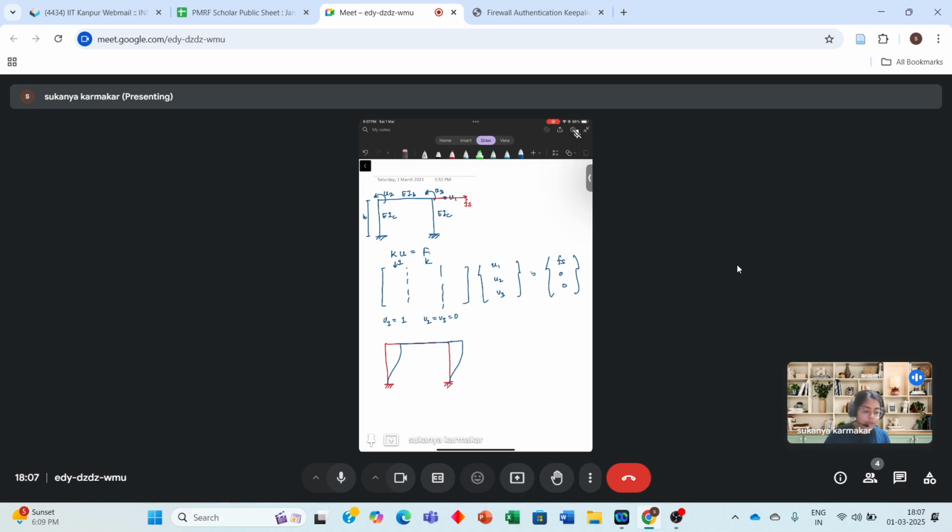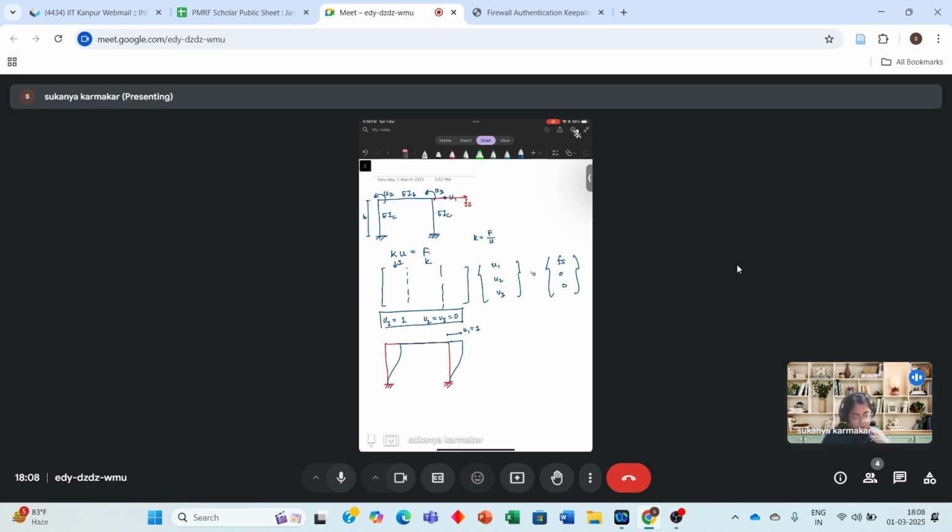What is stiffness? We know stiffness is F by U. So for a given value of unit deformation, we have to calculate the force. When u1 is 1, how much force is required to maintain this condition?